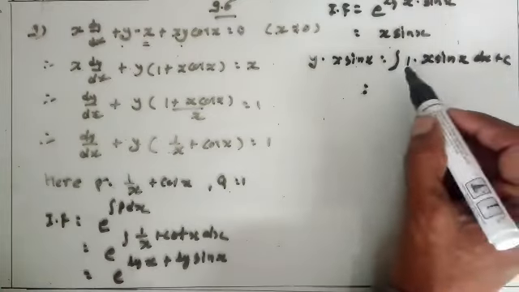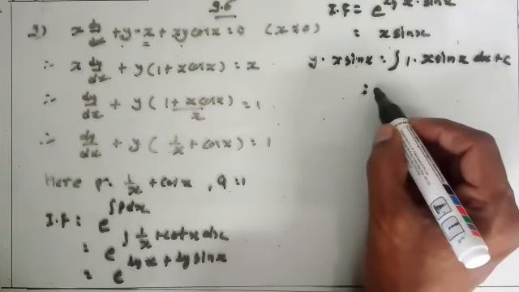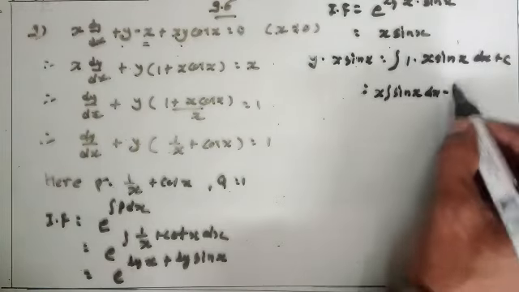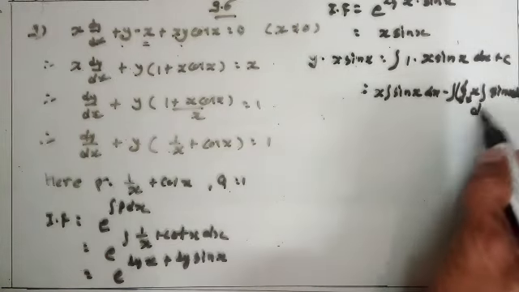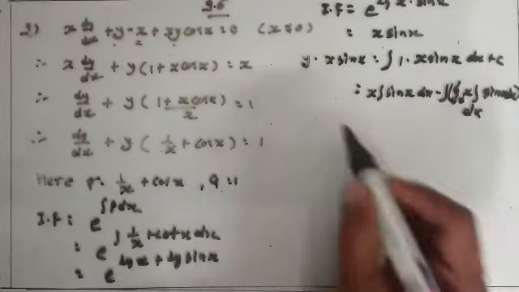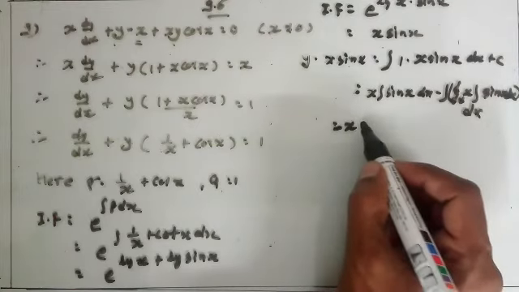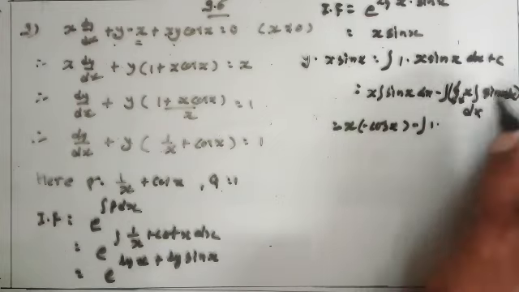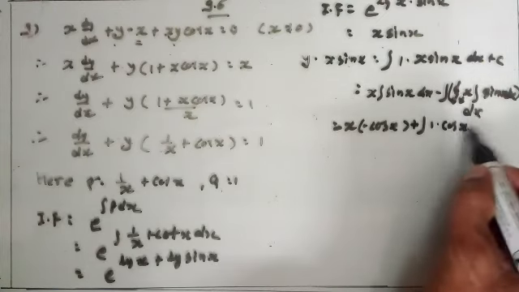Now the integration of x sin x, we know by parts: x times the integration of sin x, minus the integration of the derivative of x times the integration of sin x, dx. So x times (-cos x) minus the integration of 1 times (-cos x), so minus minus becomes plus, cos x dx.